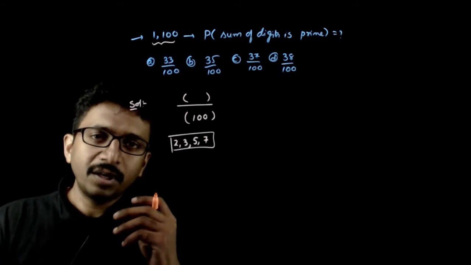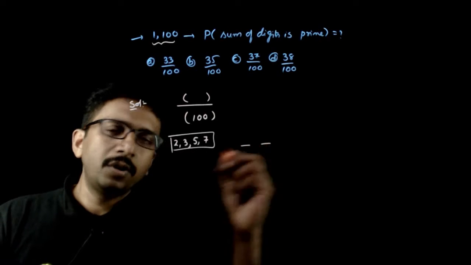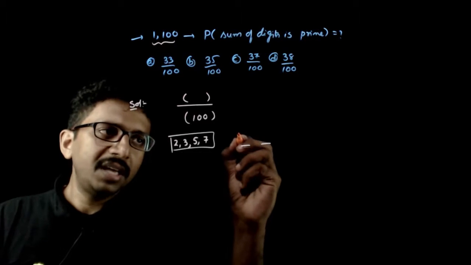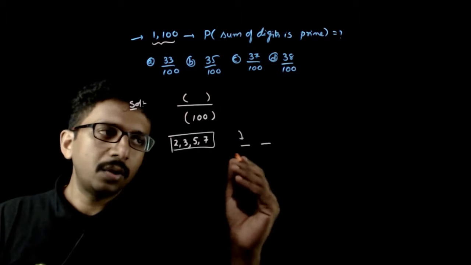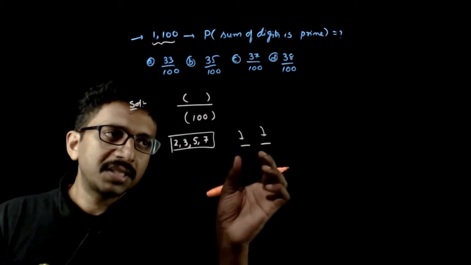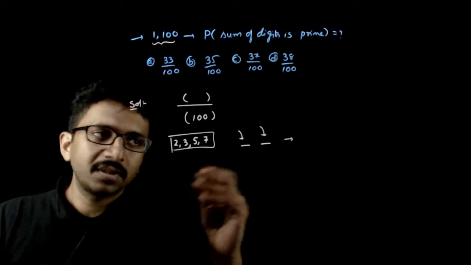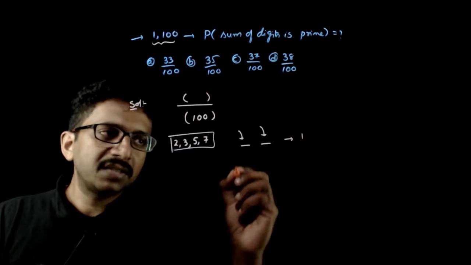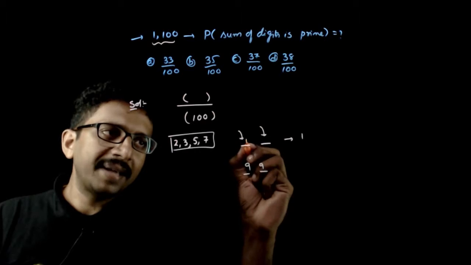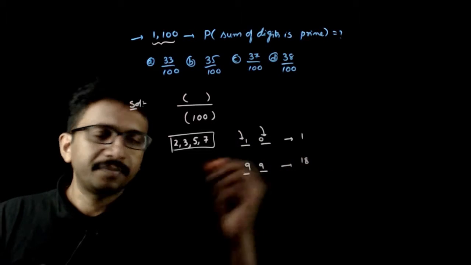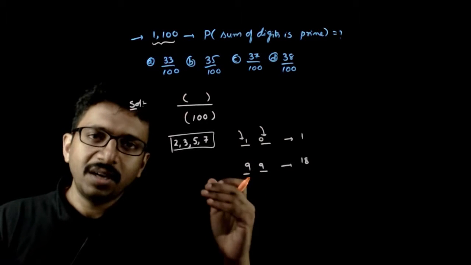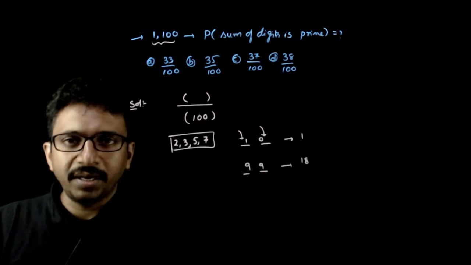If you go for two digit numbers, each digit can go from 0 to 9. The sum of the digits can start with 1, it can be 2, 3, 4, and so on, up to 18.